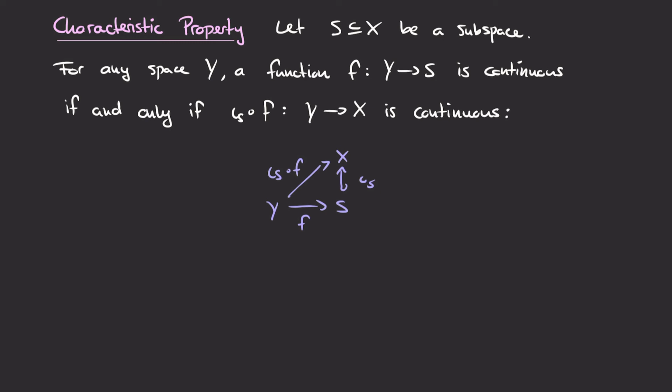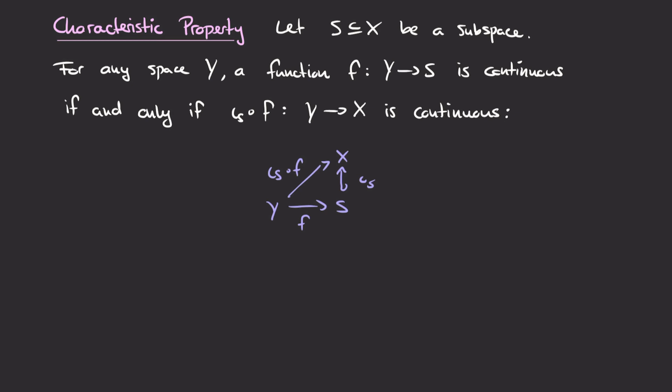It's perhaps easiest to parse this statement by looking at the diagram down here. So the initial data that we have are this topological space X and the subspace S, which automatically comes with this inclusion map iota_S.